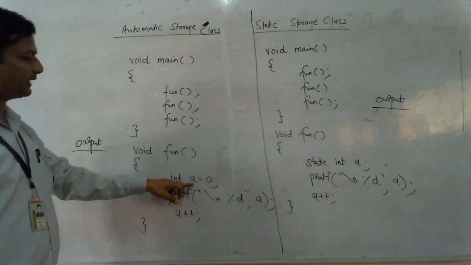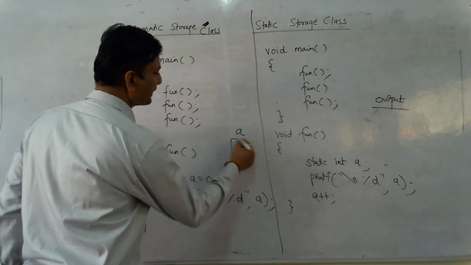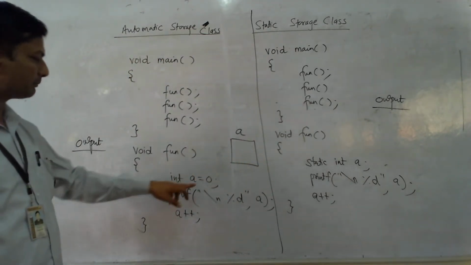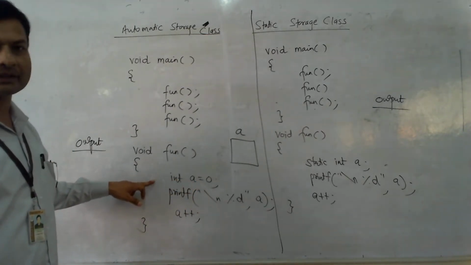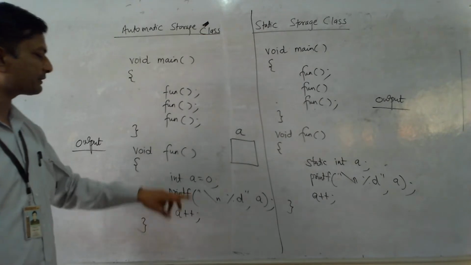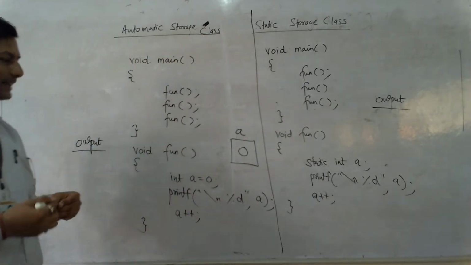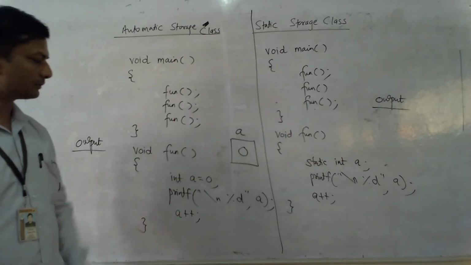In this function, the first line is int a equal to 0. Here, space will be occupied in memory. 2 bytes of space will be occupied in memory. Why am I saying memory? Because this variable belongs to automatic storage class. So 2 bytes of space will be occupied in memory in which 0 will be stored, as I have initialized a to 0.